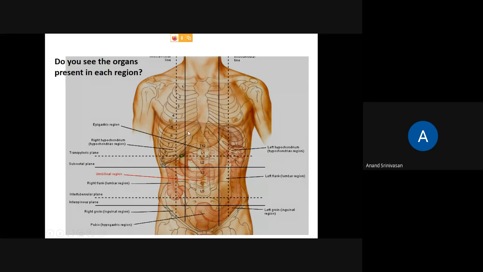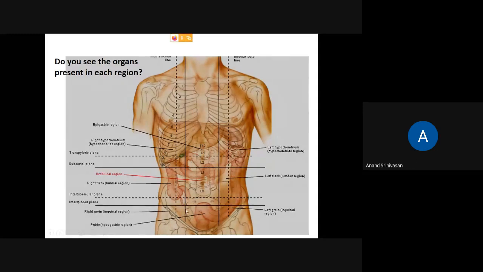But you can see the liver is also extending into the epigastric region. Similarly the stomach is mainly located in the epigastric region. However, a small portion of the stomach goes into the left hypochondrial as well as into the umbilical regions. So ascending colon, transverse colon, descending colon, this is the sigmoid colon, and then the rectum.